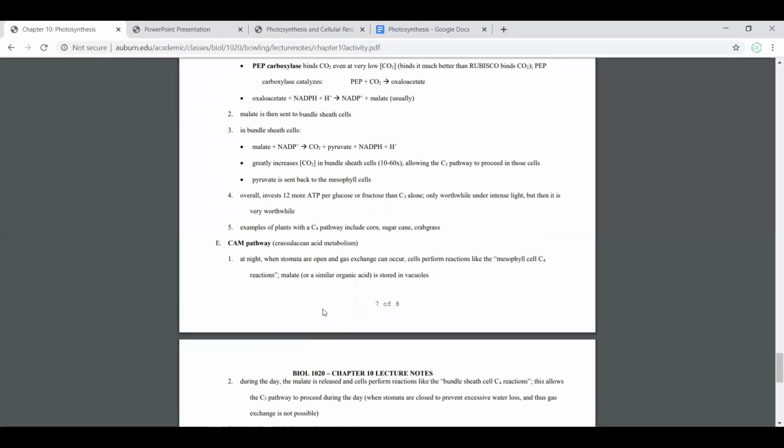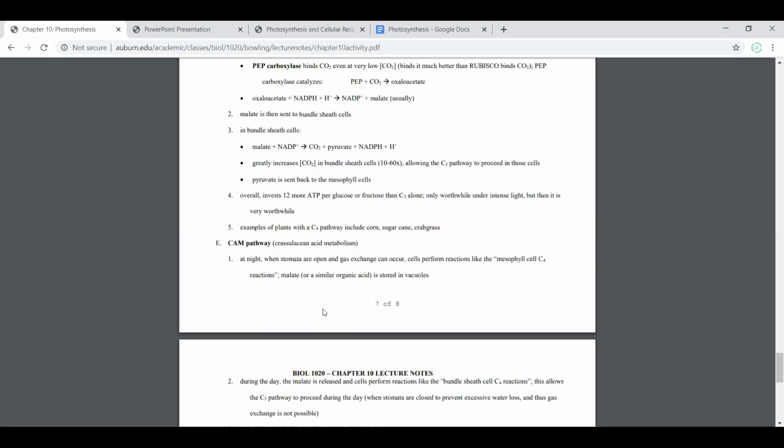So we have to talk about another important part of the plant, and that's called the stomata. The stomata are on the leaf, and they facilitate gas exchange. They're microscopic, about one cell thick, and they allow CO2 to enter the leaf and oxygen to exit. Plants generally keep their stomata open to allow CO2 to enter and oxygen to exit.